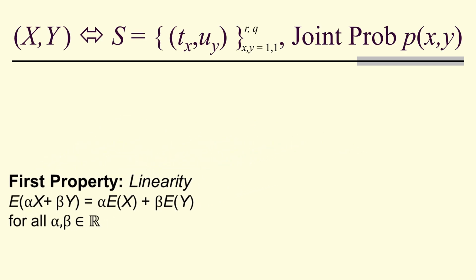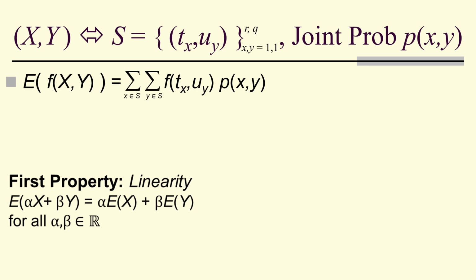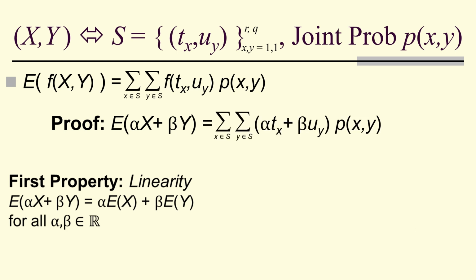Well, we're going to have a joint probability distribution because we're going to have an x and a y where our sample space S is pairs t sub x, u sub y. The expected value of a function is defined like this. And now we can prove our theorem. So we write out the definition.